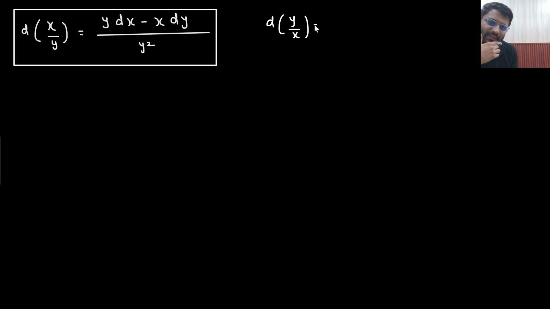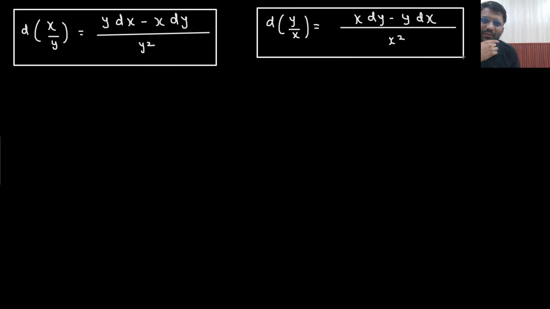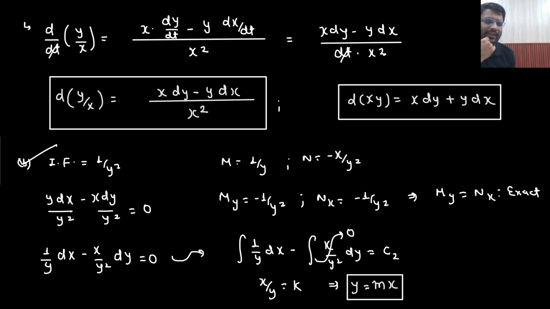What was d of y by x? That was nothing but in the denominator x square, then x dy minus y dx. This was your d of y by x. And x dy plus y dx, we know the answer here.